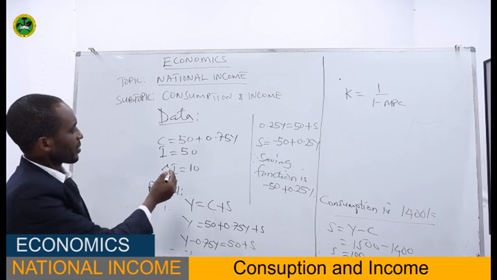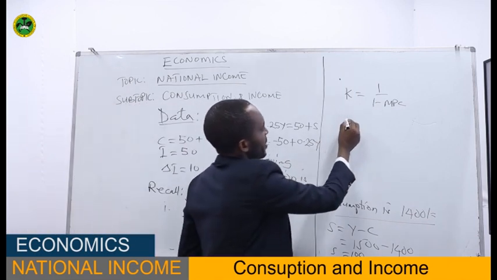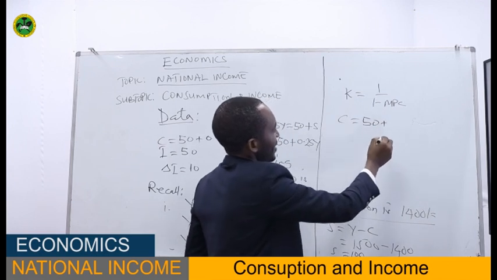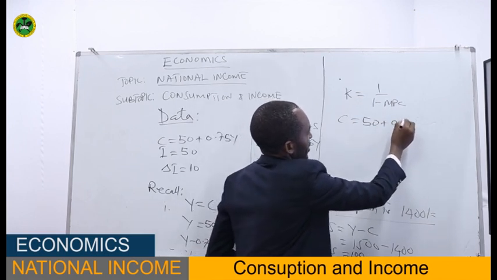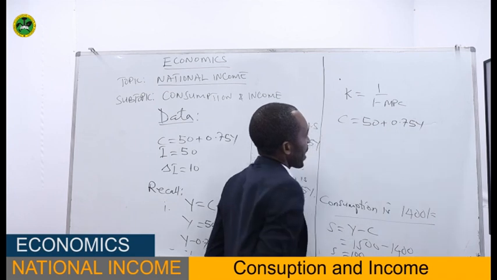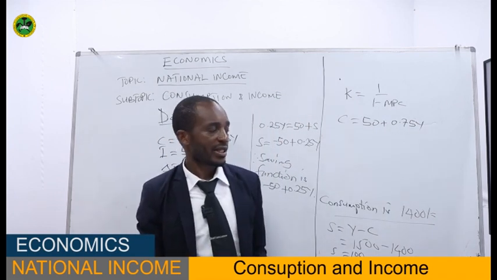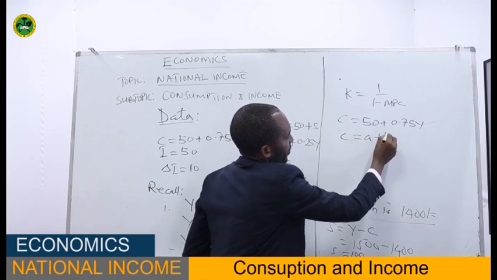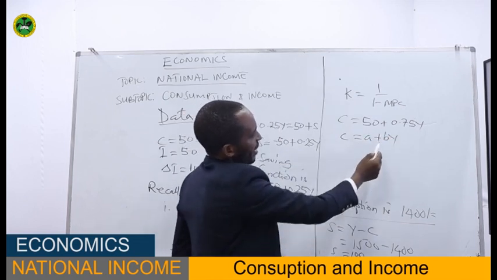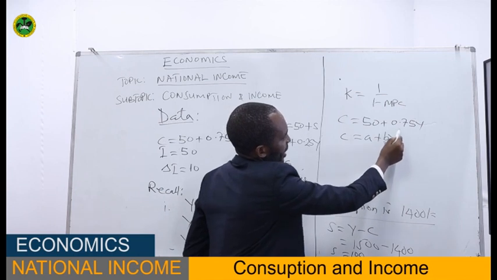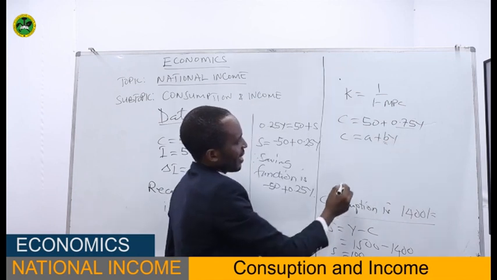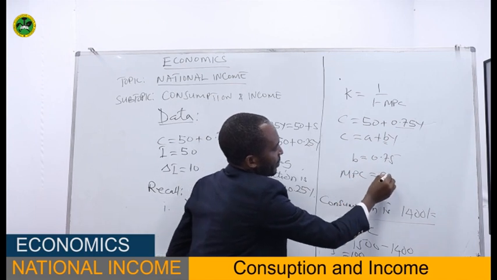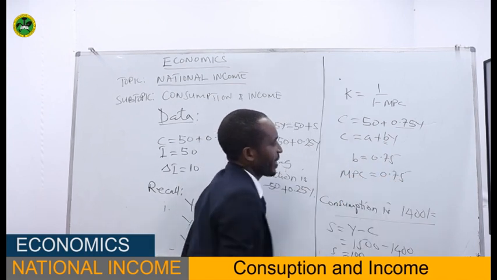From our consumption function, we have C equals 50 plus 0.75y. When you compare with the equation C equals a plus by, it means b is the same as the MPC, which is 0.75.